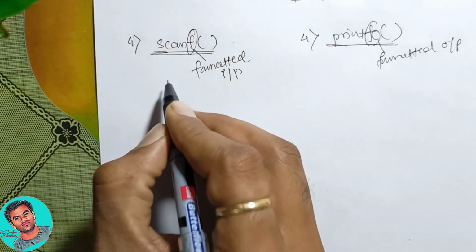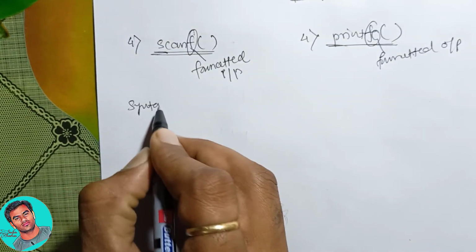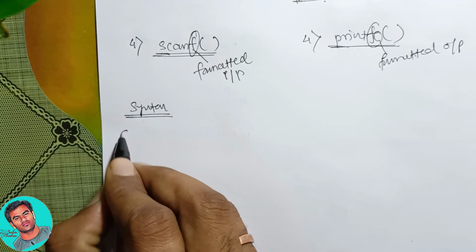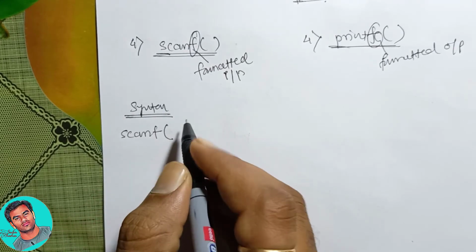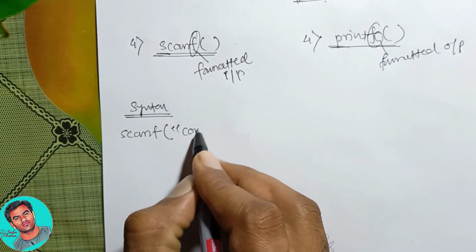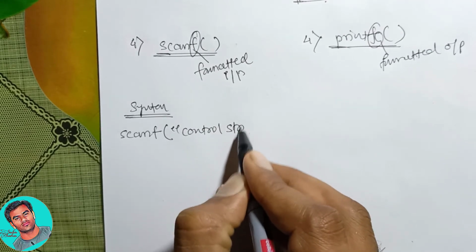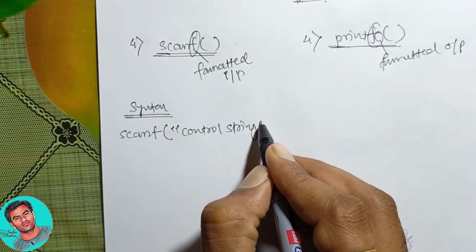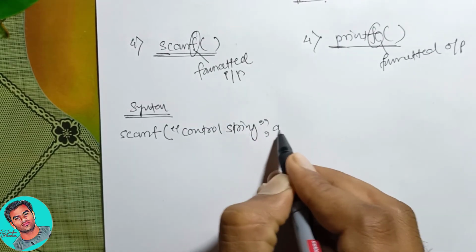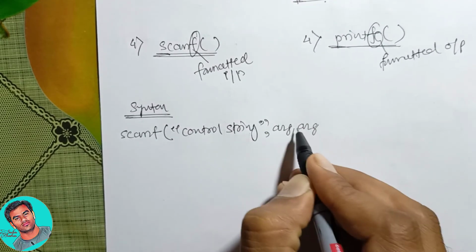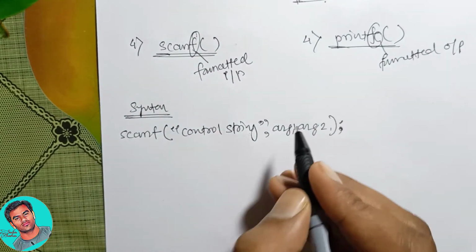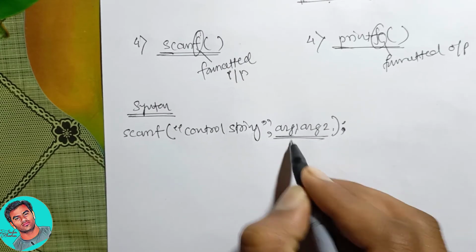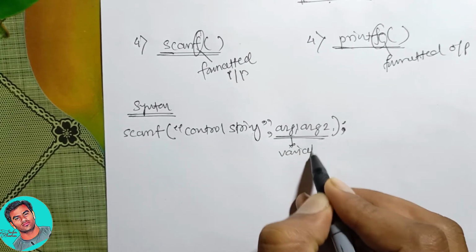So what exactly is the syntax here? The syntax is scanf, a control string, and then there are arguments. The arguments are nothing but variables.